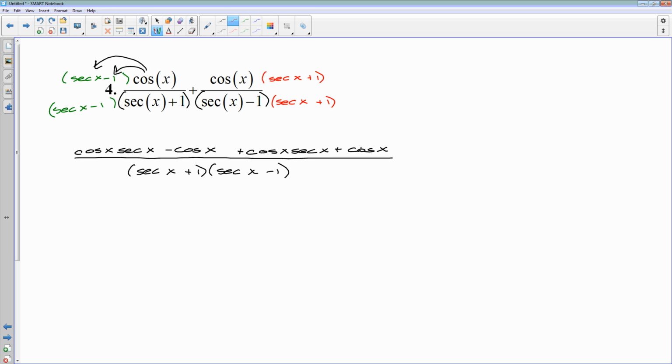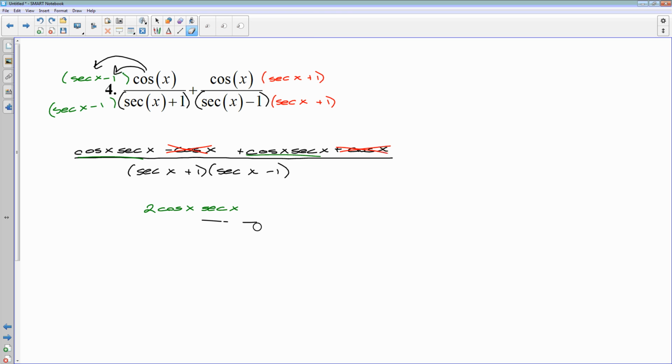I have a minus cosine and a positive cosine. This negative cosine will cancel this positive cosine. And then these two things are exactly the same, so I will combine these two into, see, that's 2 of them. So I have 2 cosine x secant x. On bottom, let's play around with that.